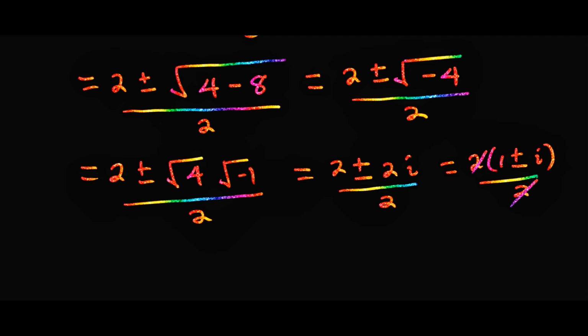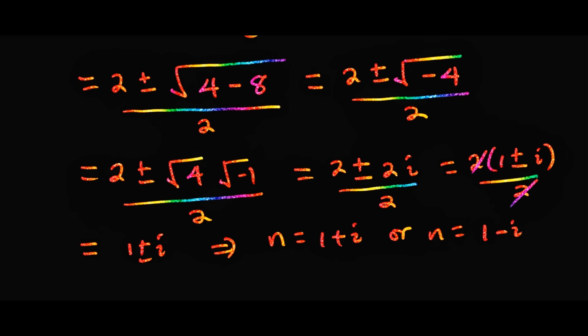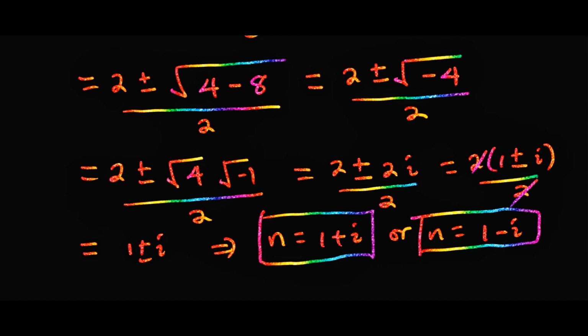So this 2 and that 2 will cancel, so that we are left with 1 plus or minus i. So what this means is that n is either 1 plus i, or n is 1 minus i. Thereby, we have other solutions for n. So n can be 1 plus i, or n can be 1 minus i.